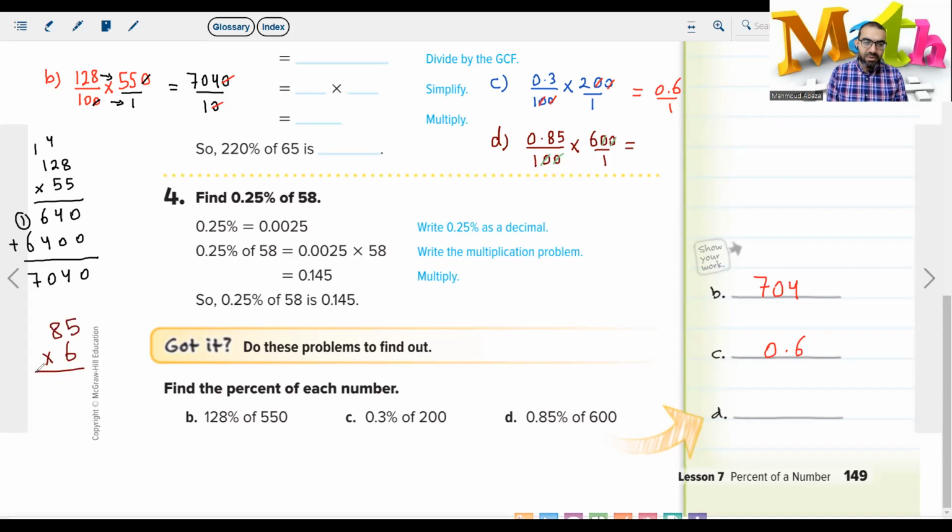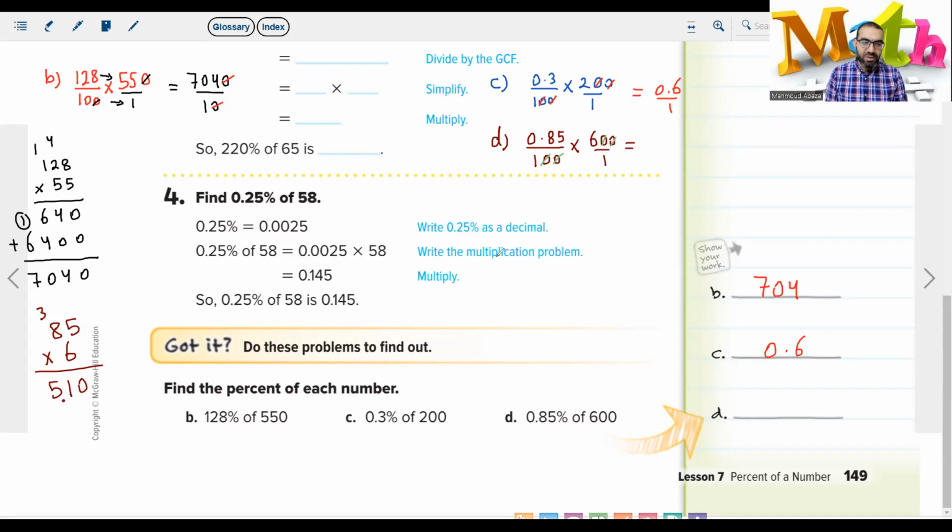Then we can put the decimal point after 2 digits, because it wasn't 85, it was 0.85. 6 multiplied by 5, 30, 0 carry up 3. 6 multiplied by 8, 48 plus 3, 51. Decimal point after 2 digits, so it will be here.